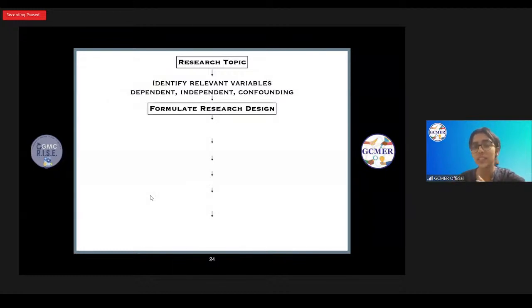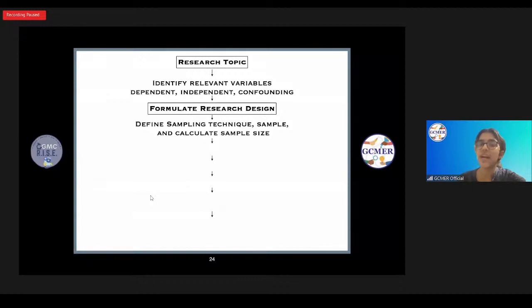Once you have all these variables in place, you need to formulate a research design, okay? And by formulating a research design, what I mean is that you need to define the sampling technique, you need to define your sample, and you need to calculate your sample size.